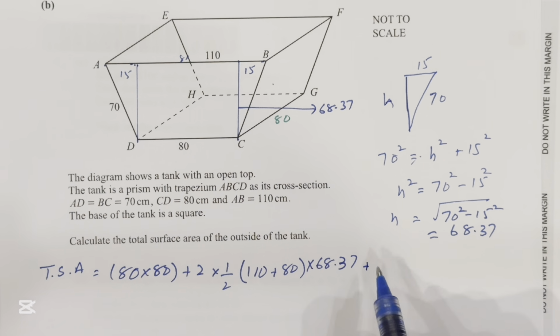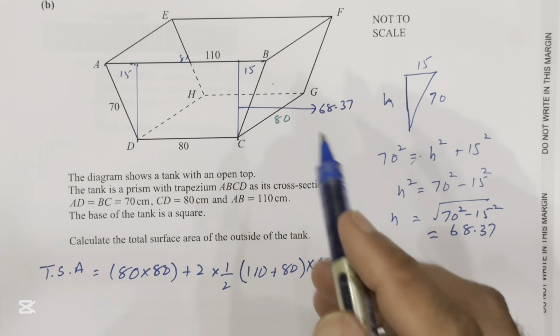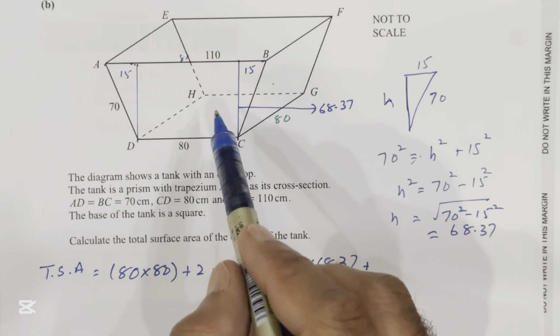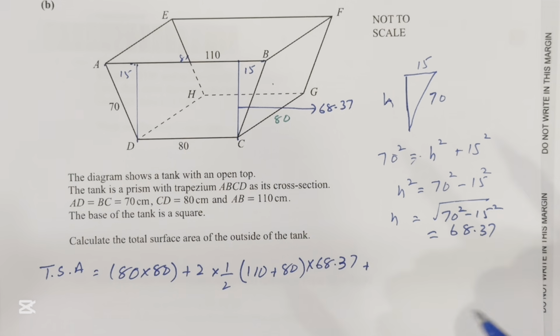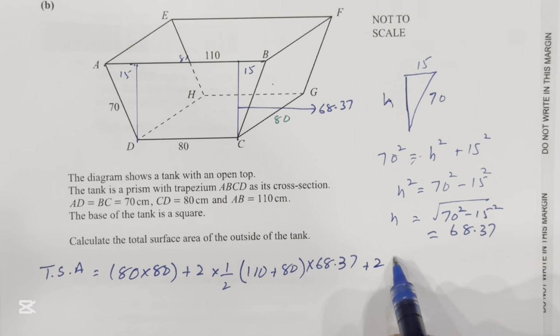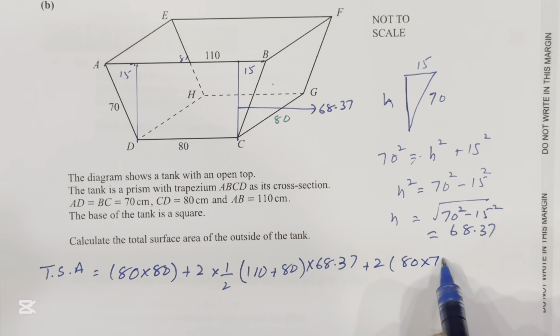And we can also calculate the value of the rectangle, that is BCFG or ADEH. These are both congruent rectangles, so you can calculate by multiplying those shapes, it is equal to 2 into 80 into 70.